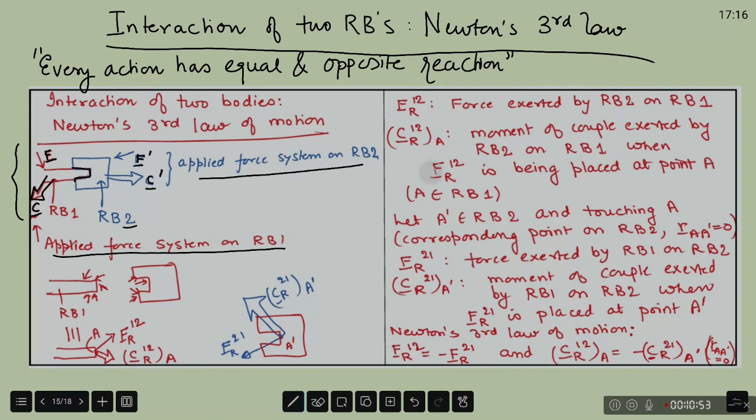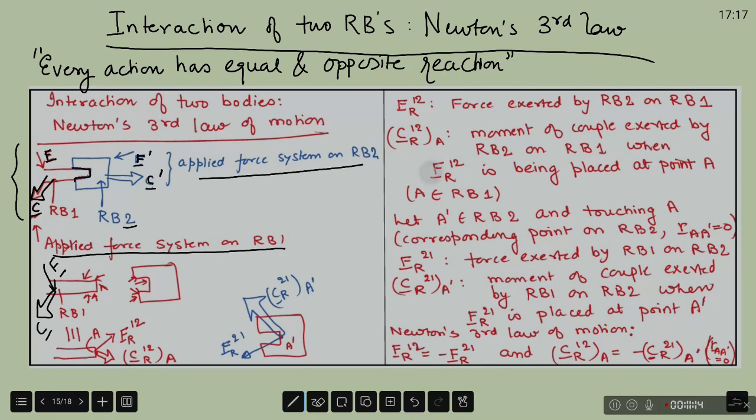That is anyway known. But now that I have separated RB2 from RB1, I will have to put some forces. After all, RB2 must be putting some force system on RB1, right? When the two were interacting.